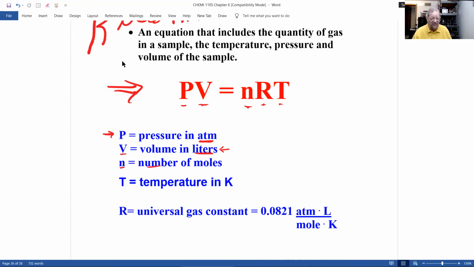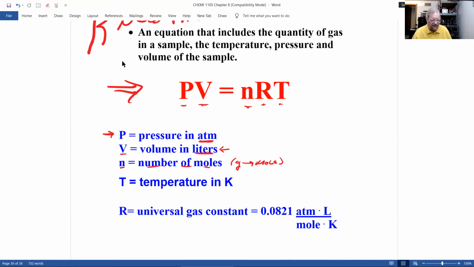n is the number of moles, but I've never seen a balance in moles, only grams, and you're going to have to convert those to moles, which you learned how to do.